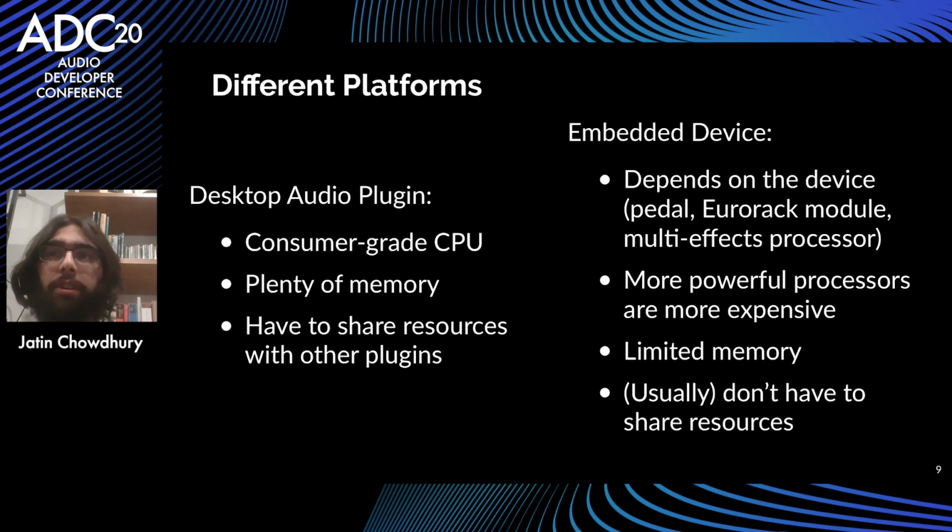So if you have a lot of lookup tables or neural network weights that take up a lot of memory, you have to be careful with where you're going to store that and what embedded device you're using. That said, one of the advantages is that typically you don't have to share any resources. Pretty much the only thing running on this embedded device is going to be your algorithm. So that's a nice advantage there.